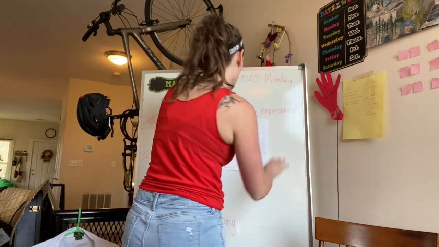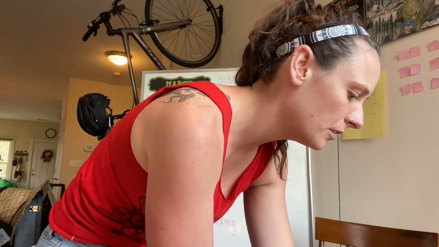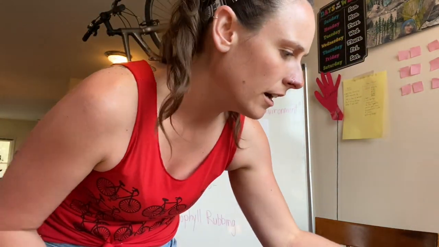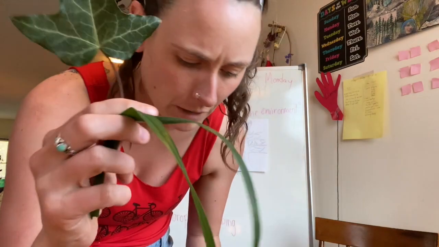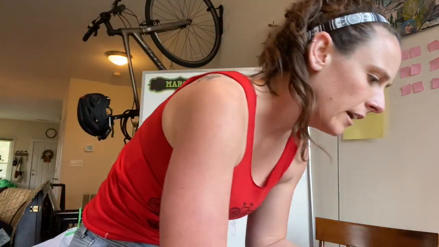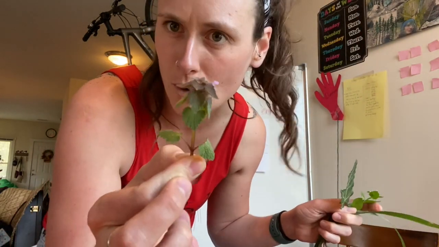We're going to do a chlorophyll rubbing so we can actually see what chlorophyll looks like. I got a couple of different plants because I wasn't sure what was going to work the best. I got just some regular grass, an ivy leaf, some chickweed and a little wildflower. I can't remember what this one's called, but it's actually edible.